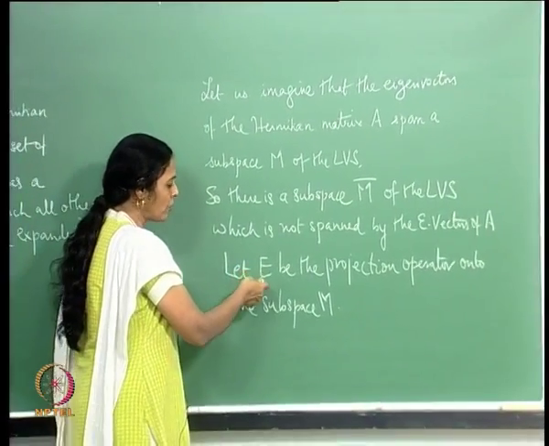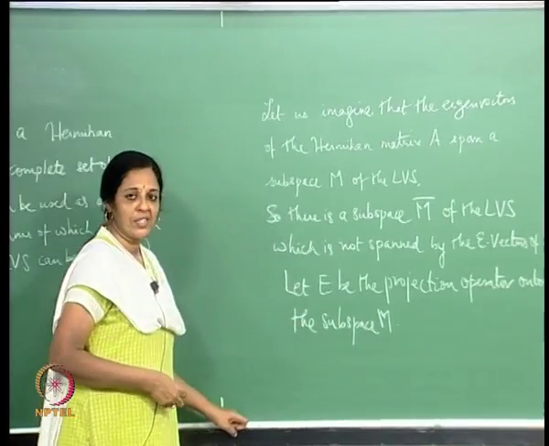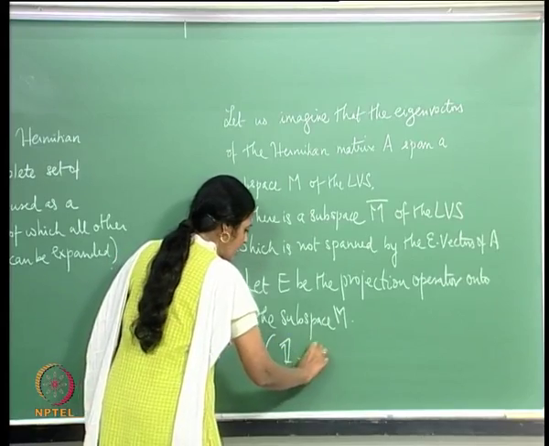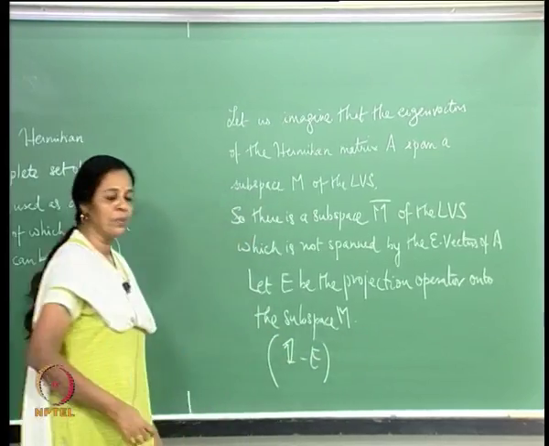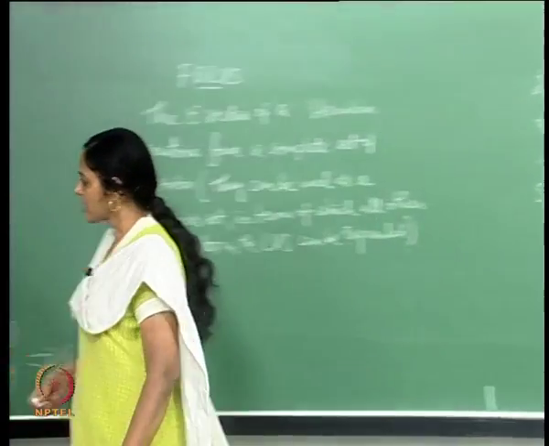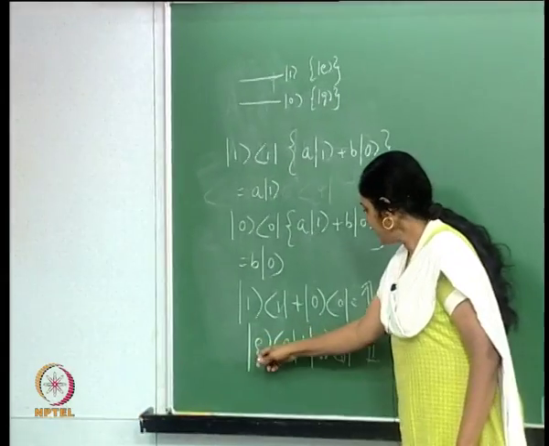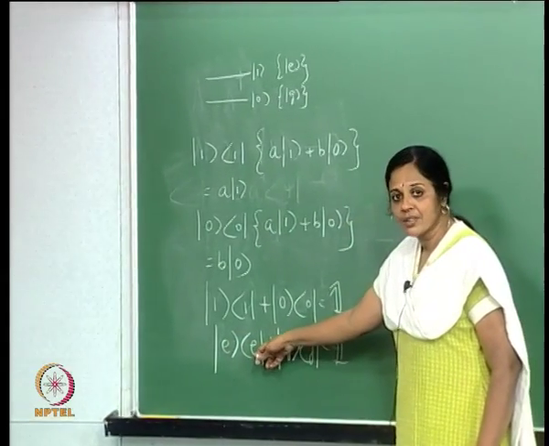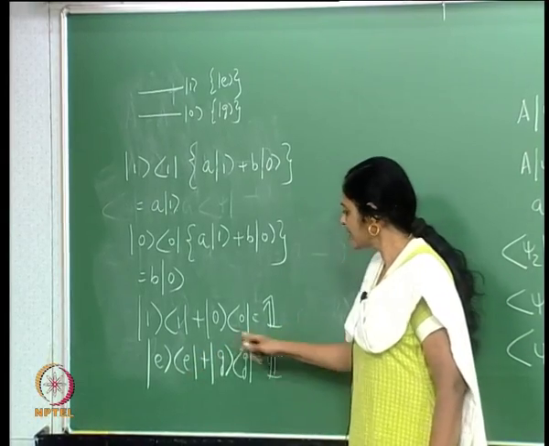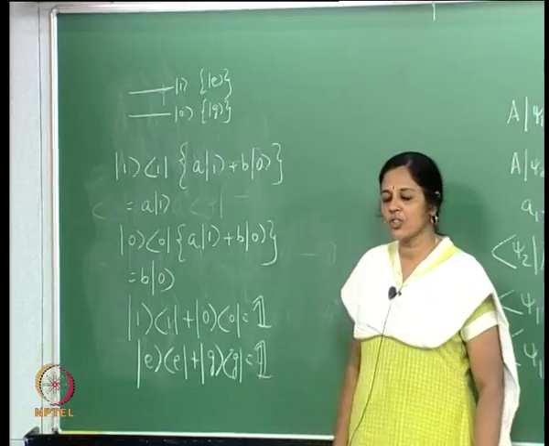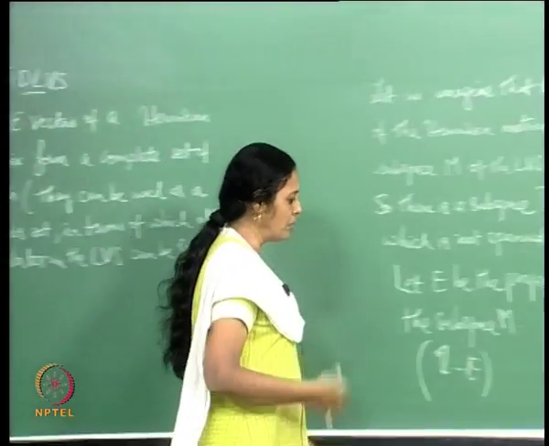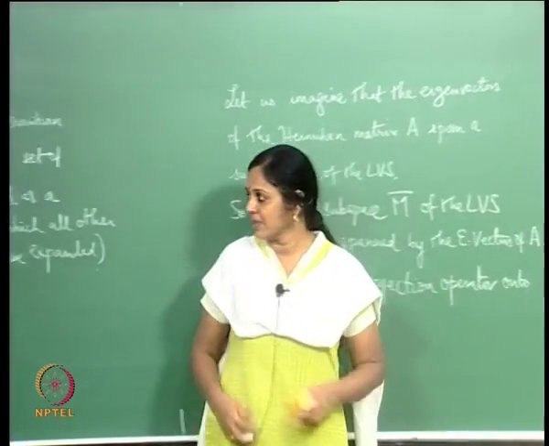Now let E be the projection operator onto the subspace M. Then surely identity minus E is the projection operator onto the subspace M bar. That is like saying that if |E><E| is the projection operator onto the space spanned by ket E, identity minus |E><E| is the projection operator onto the space spanned by ket G. In the 2-level atom problem, that would be the corresponding statement.